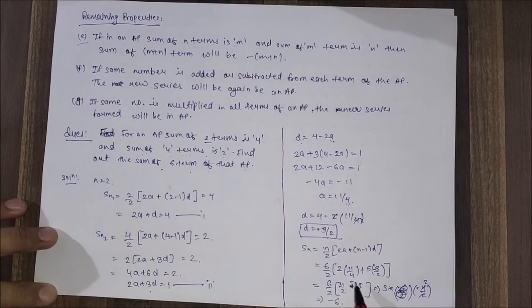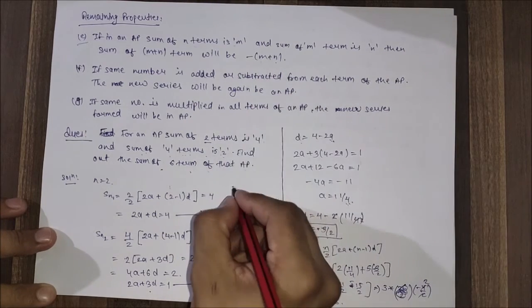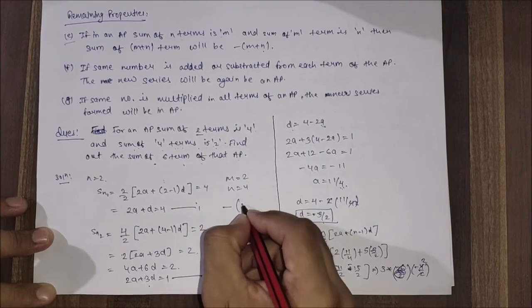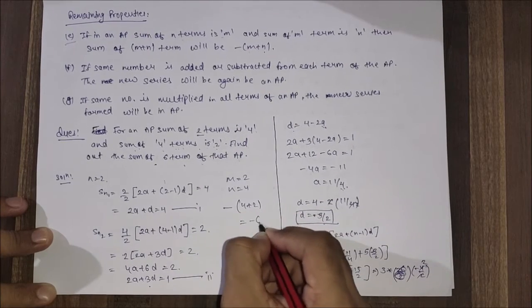And if we put the values of m plus n directly, here m is 2 and n is 4, in this formula, minus (4 plus 2), we get minus 6.